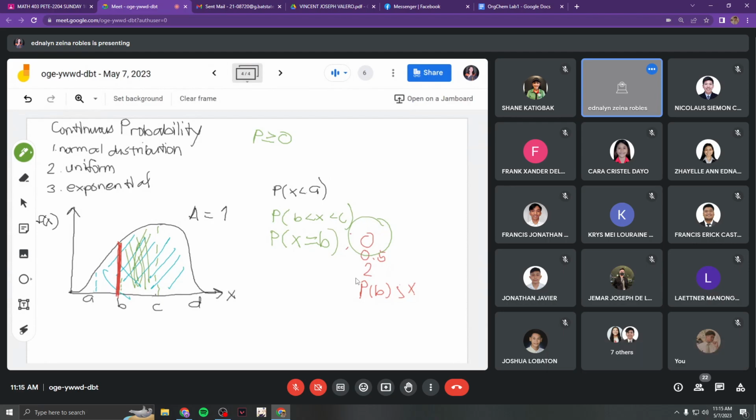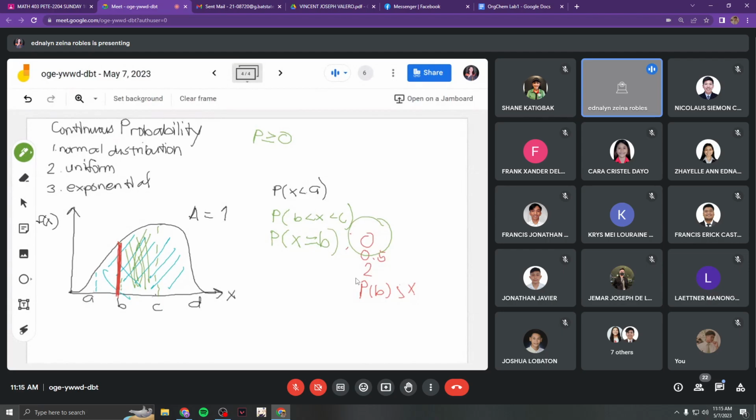Okay, sige. Valdoria. Okay. So, remember that if we want us to get the probability using area, we should have range of values. And if we form a line only, the probability of that is 0.